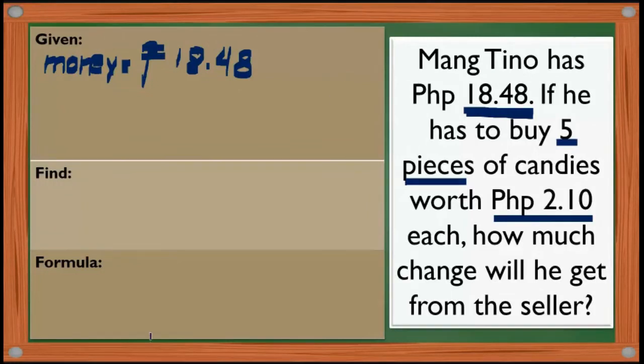Aside from money, the next underline is 5 pieces of candy. So, label natin letter C. Letter C stands for candies. And lagay natin dyan 5 pieces.